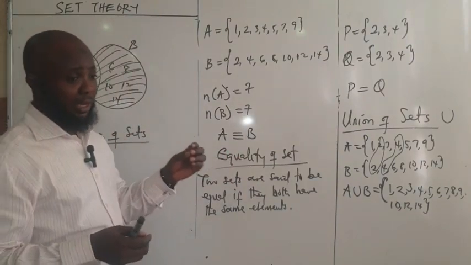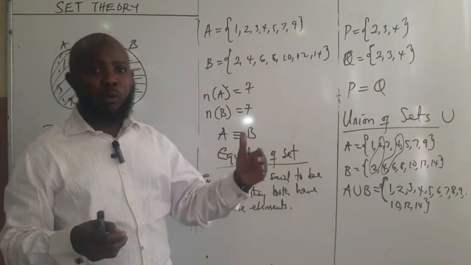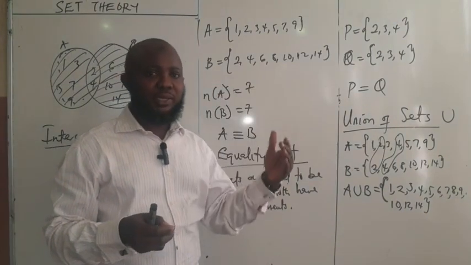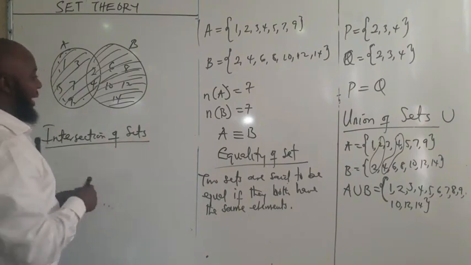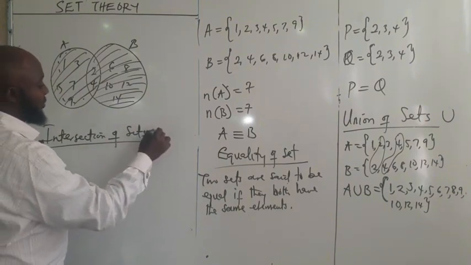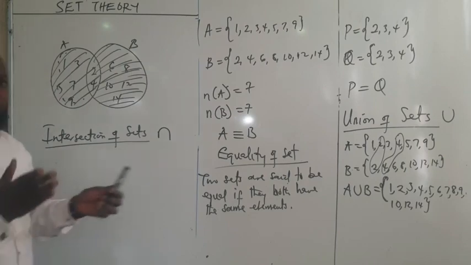Please be careful with my words. The elements that are common to 2 or more sets are the intersection of those sets. And usually we use this symbol to represent intersection, something like ∩, where they are meeting.